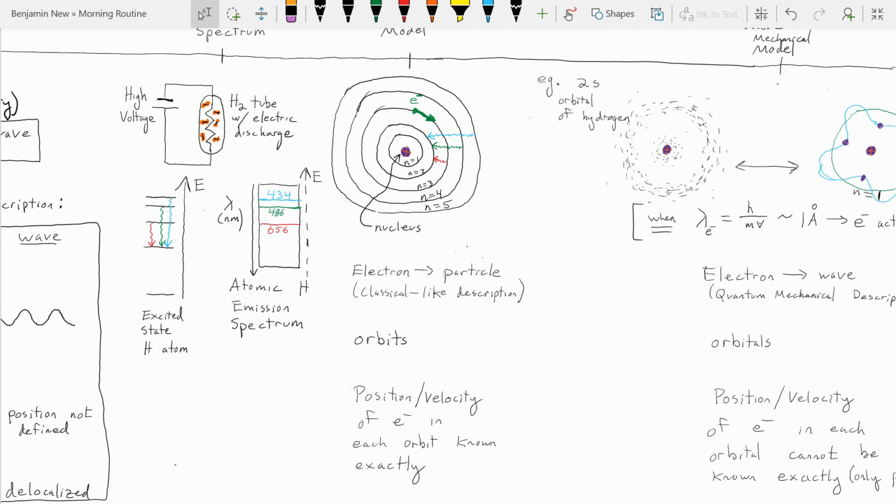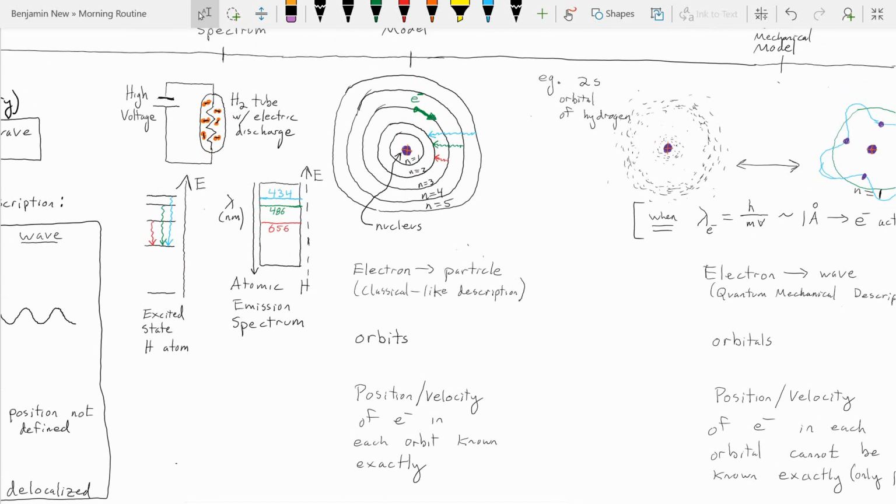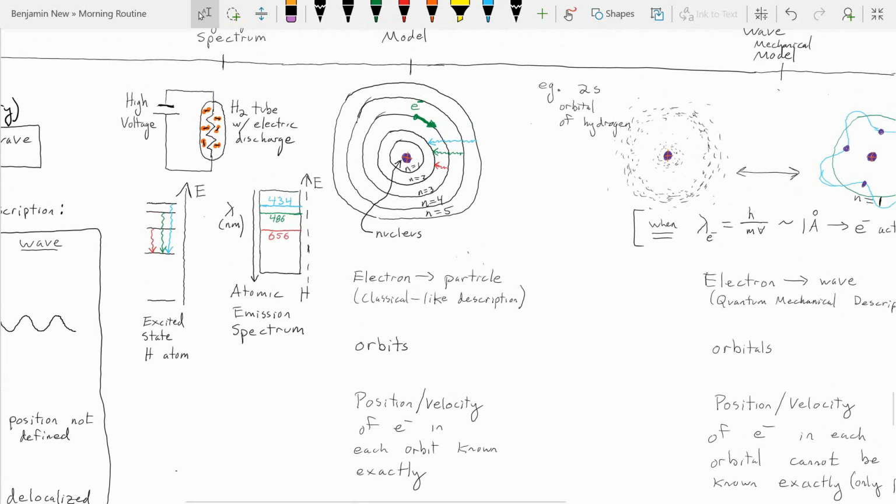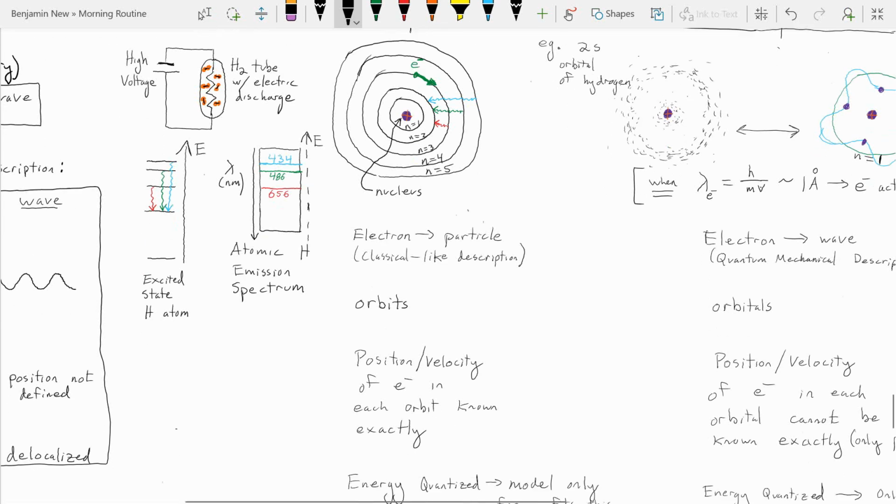So he just assumed that should be true, even though he didn't really know why. Basically, he just fit this data, and it happened to work. The outcome was that the electron could only be at particular radii of orbits away from the nucleus. We have n equal to 1 as the closest one, then 2, then 3, then 4, then 5, etc. as we move outward.